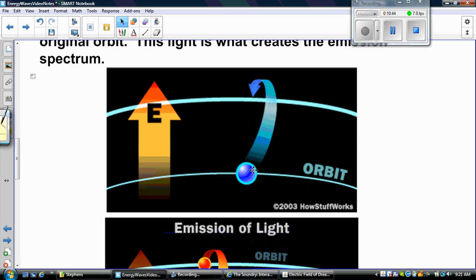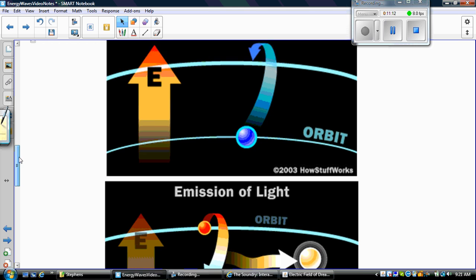So for example, if this is an electron and this is its normal orbit that it rotates around the nucleus of an atom, we heat that atom up. It will become energized, have more kinetic energy, so that electron will jump into the next orbit. Then that kinetic energy is transferred into the atmosphere and the electron will fall back to its original orbit level.